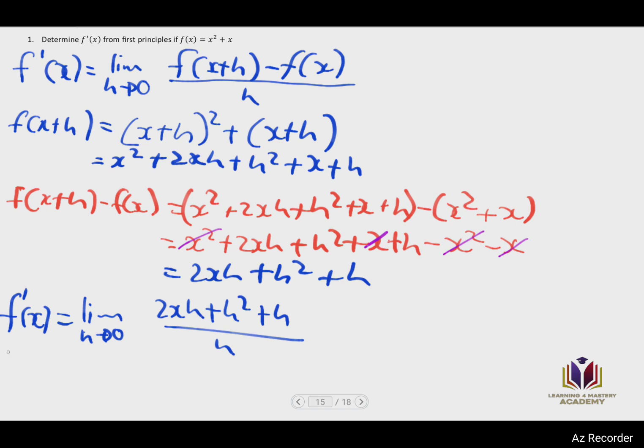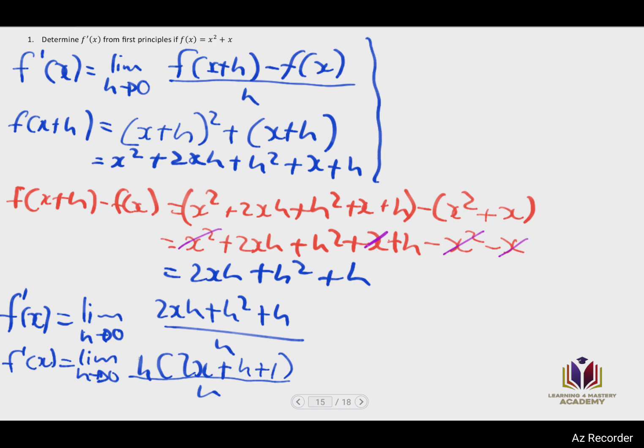Then what do we do? f prime of x equals the limit when h tends to 0. Take out a common factor of h, open bracket. We're going to have 2x plus h plus 1, close bracket, all over h. Right? Then I'm going to continue with it here.